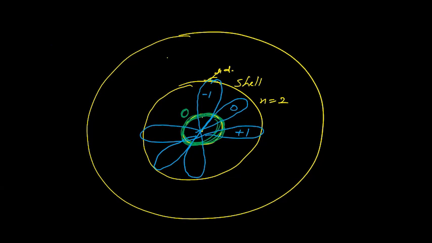One p orbital is like this. There are 3 p orbitals here. And set of 3 orbitals is subshell. So I am repeating, n equals to 2 is the shell. Within this shell, you have 2 subshells, S and these 3, P.